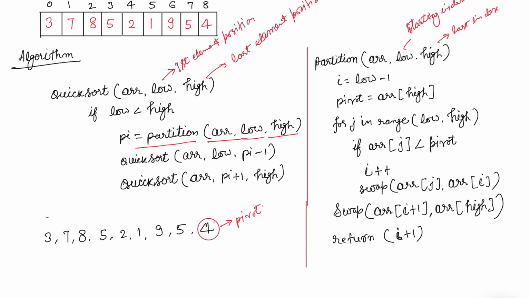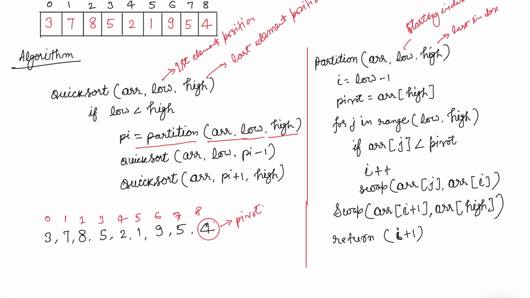So here 0, 1, 2, 3, 4, 5, 6, 7, 8 are the indexes. So see the partition function; we have passed this array. What will happen according to the partition function? Or just see first how quicksort will work.